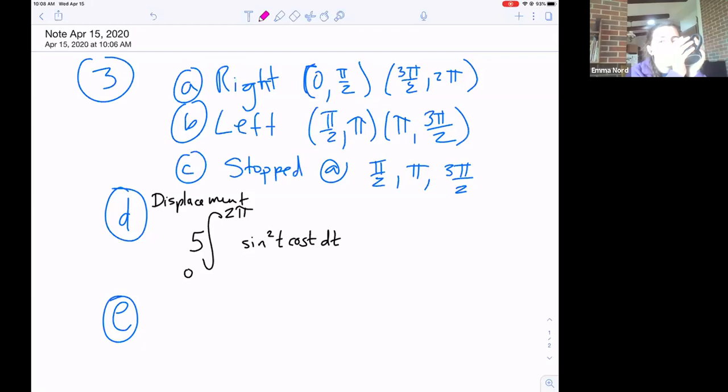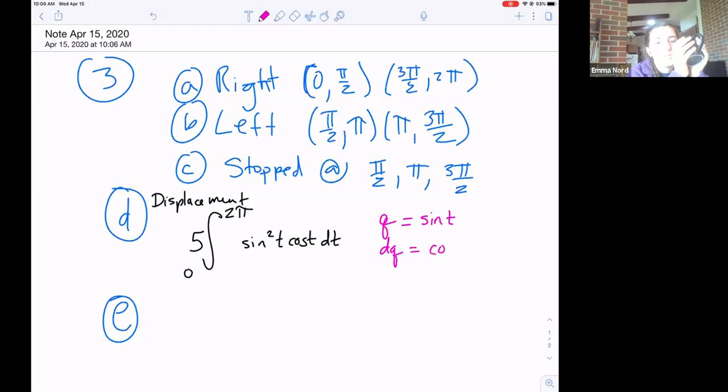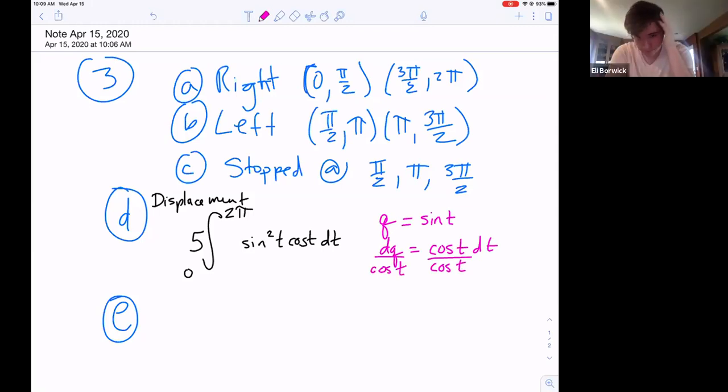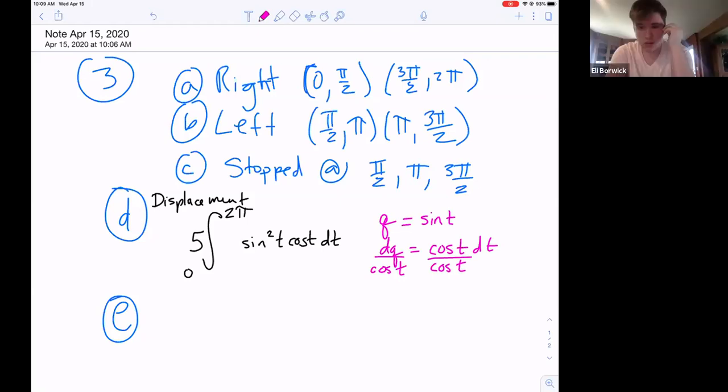Q. Aha, it is, because if we let Q be sine, don't make Q sine squared, that'd be too difficult, but if we let Q be sine, what's dQ? Cosine t dt. Boom. And the cosine goes away.